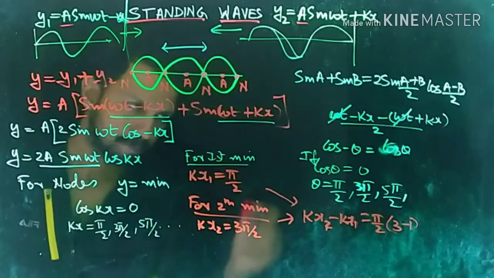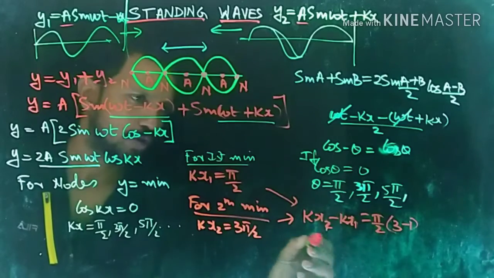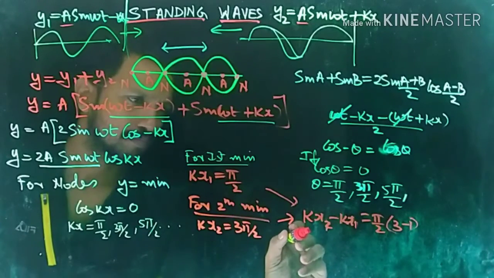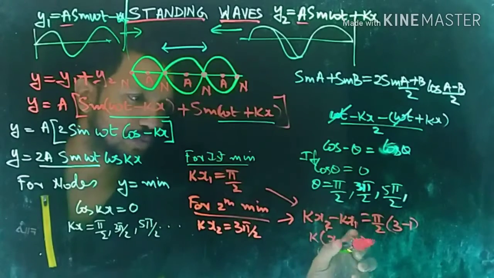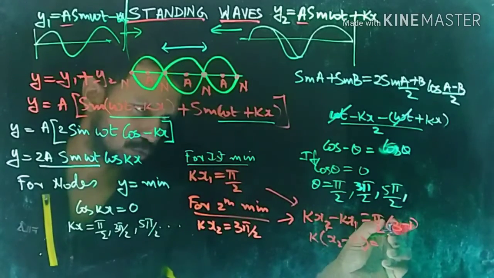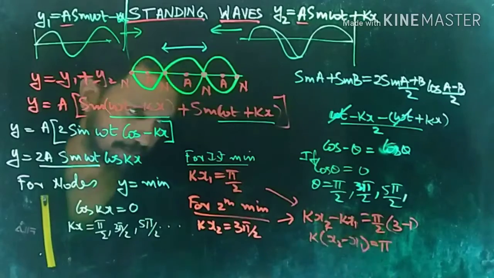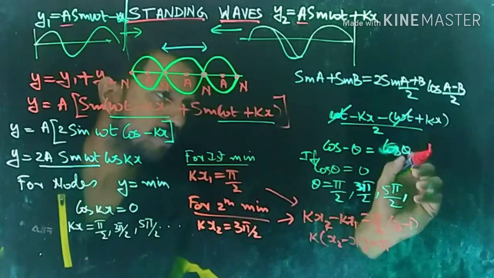Then this equation can be transformed as k into x2 minus x1 is equal to 3 minus 1 is 2. 2 and 2 will get cancelled. It is pi.